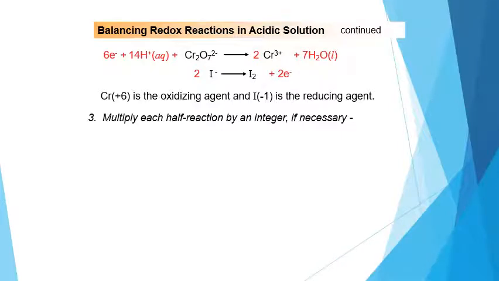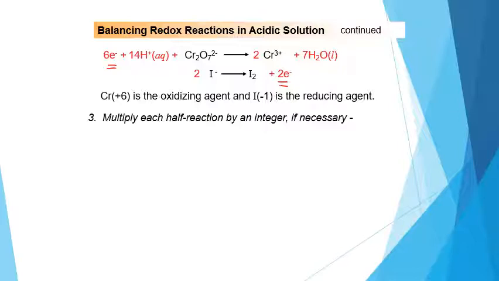So now we have to multiply each half reaction by an integer if necessary. Take note that our iodine here has 2 electrons, while this one has 6 electrons, and based on our rule, the number of electrons lost should be equal to the number of electrons gained.